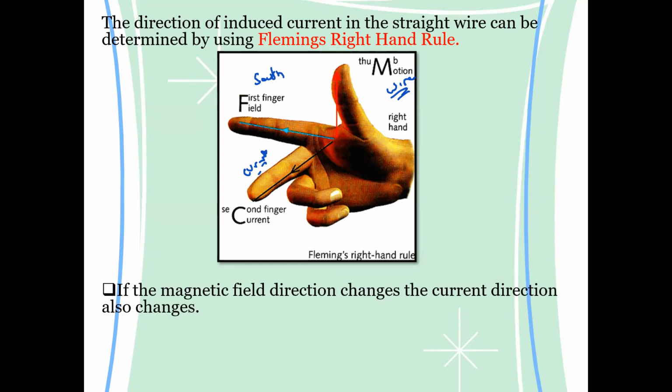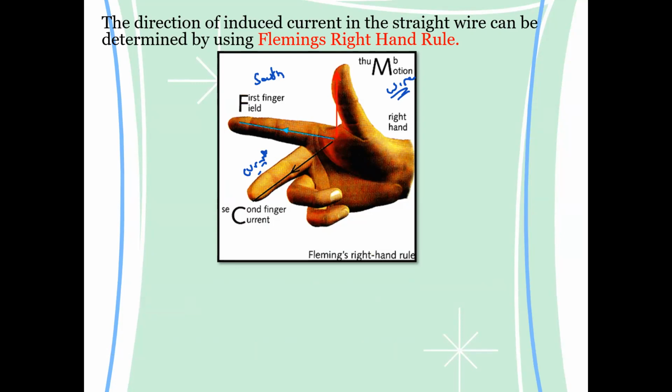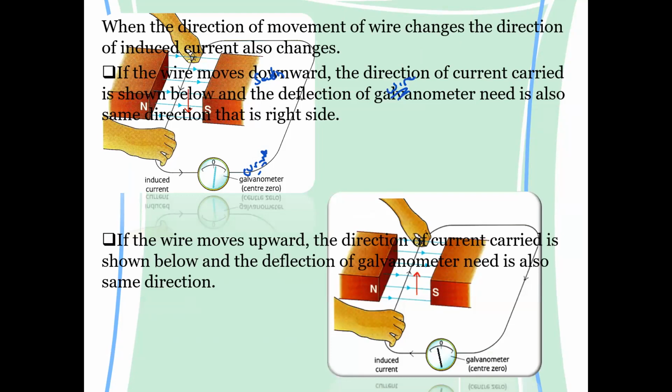And we call that Fleming's right hand rule. So if the magnetic field direction changes, the current direction will also change, and if the wire is stationary, there is no induced EMF. If the wire is not moving, there will be no induced EMF.